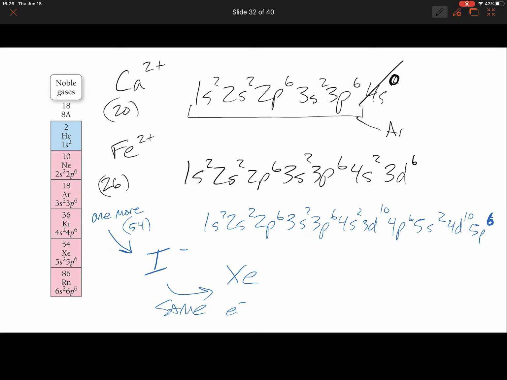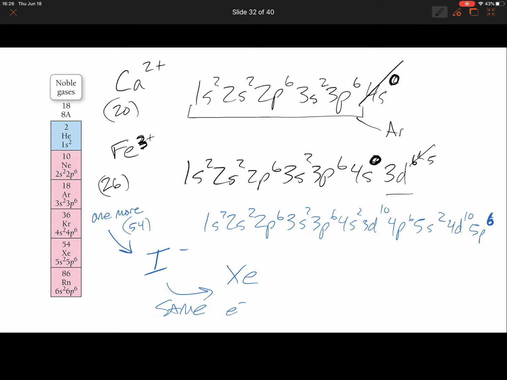Now, iron 2+, we're going to remove 2 of the electrons from its outer shell. That means from the 4s shell, because those are the outermost. 3d is the last thing we wrote, but those are not the outermost. And then if iron was actually iron 3+, and we had to take off another electron, then it would come from here and it would become 5.